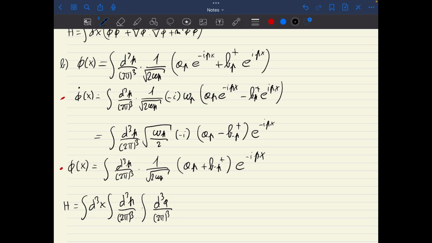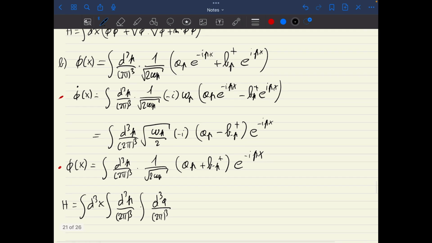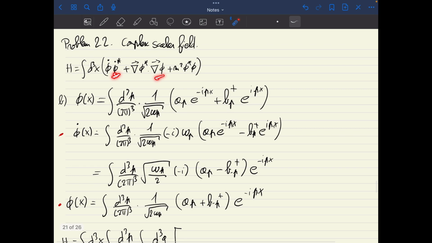Okay, so the first term is phi dot star. So this is this term here. So that's phi dot. So that's the first one. So the first field I will associate the momentum p, and the second field in the product I will associate q.